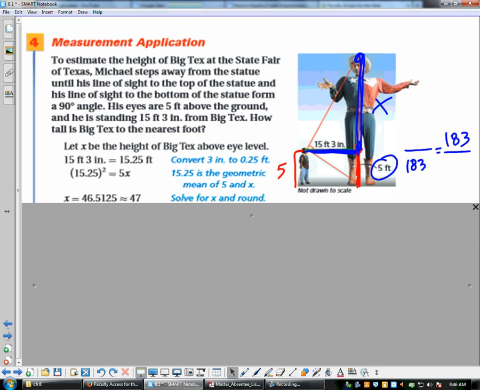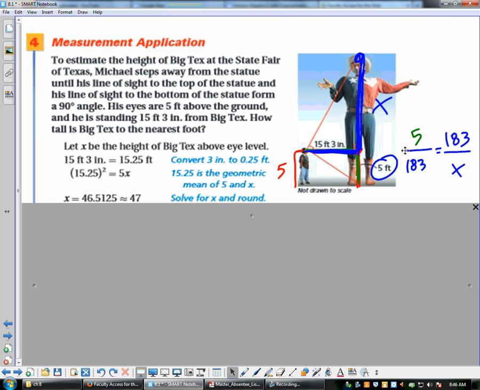Is the geometric mean between what and what in this sketch? Between 5, which is this piece right here, and x, which is this piece right here. That's the proportion that you need to solve. Would you do that, please? Well, no, they use different numbers because they're using feet, we're using inches, so you're going to get a different answer.